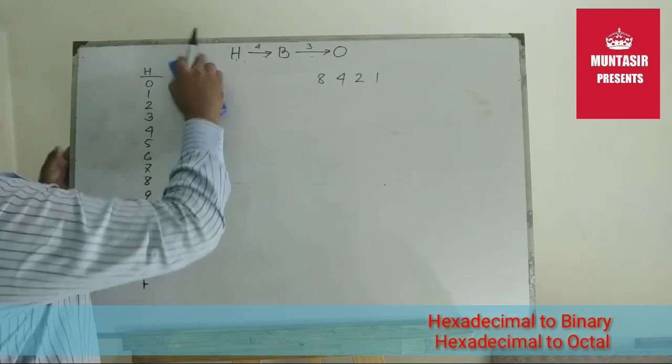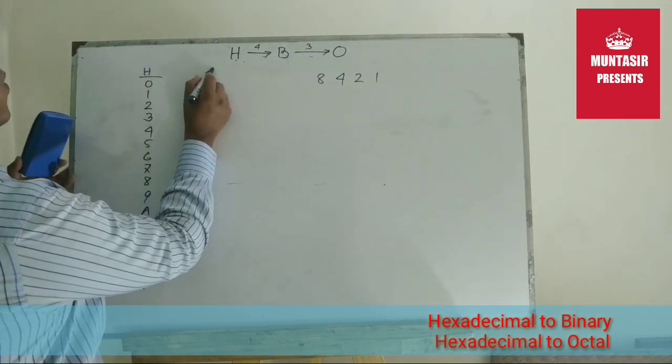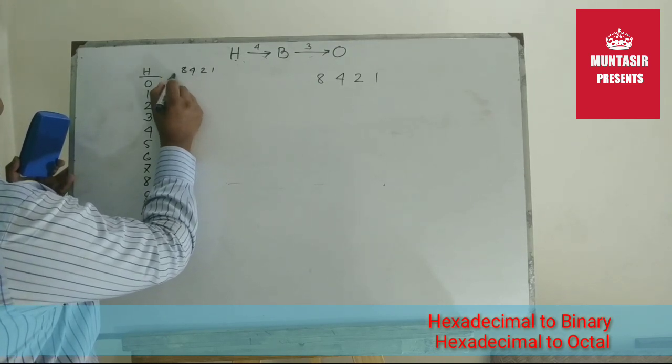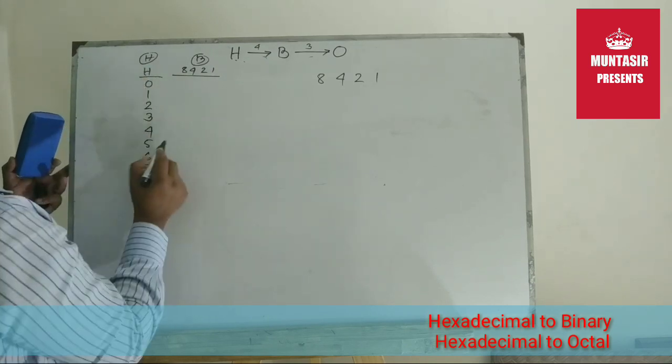So, if we use this format, 1, 2, 4, 8 is binary and this is hexadecimal.